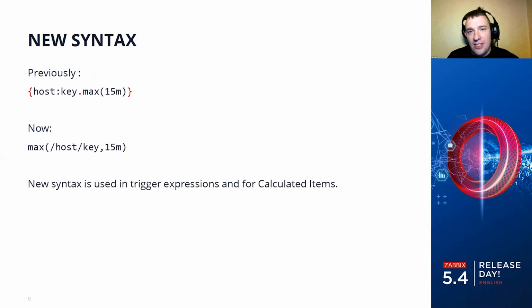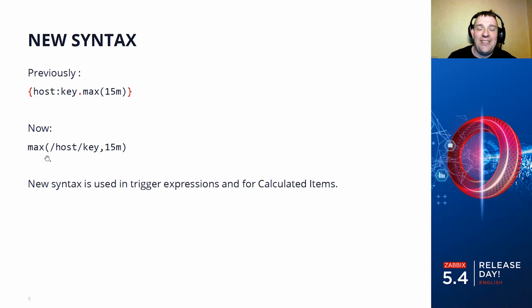So the new syntax, after all, let's recap. In the old version, the trigger has curly parentheses at the beginning and at the end, and in the middle there is the key and the trigger function, or some function which does some mathematical stuff. And there's a dot in the middle, and the dot will go away.